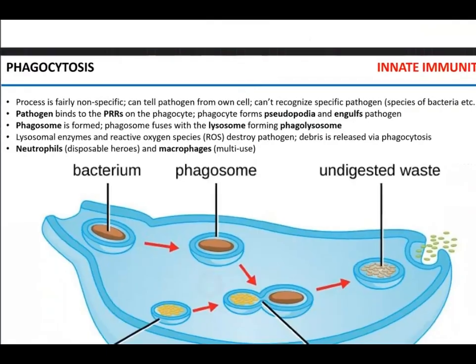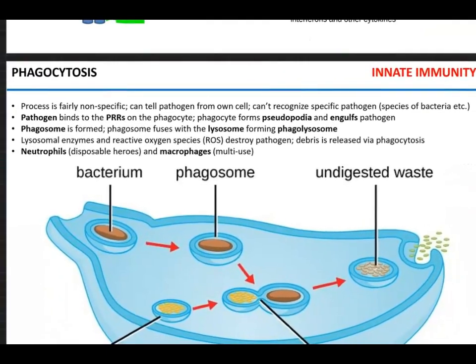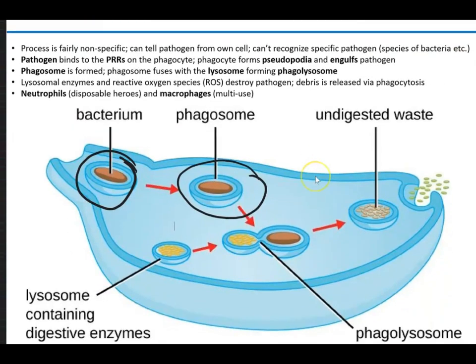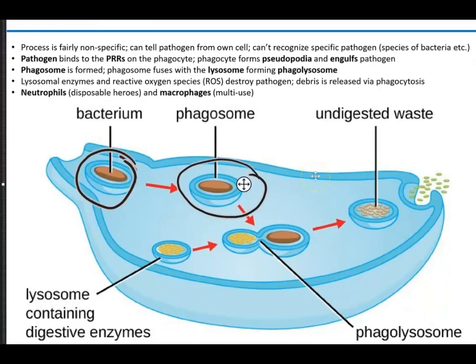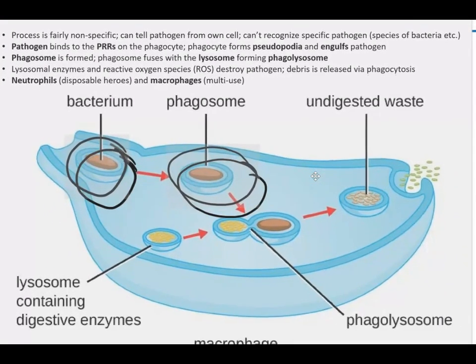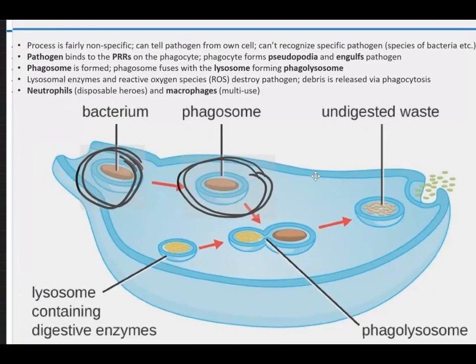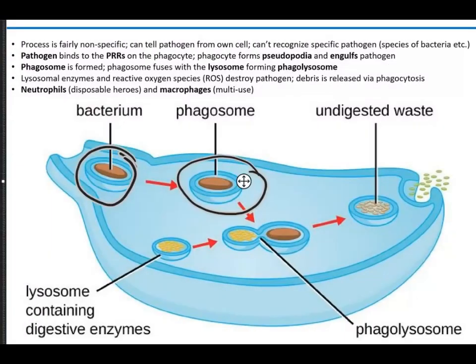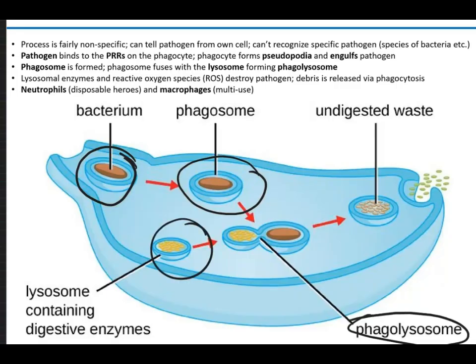Now, when phagocytosis happens, what's going on? Super simple. Look, there's a bacteria that's being engulfed, and now it sits in the phagosome. Phagosome fuses with the lysosome, which contains a bunch of digestive enzymes, forming phagolysosome.